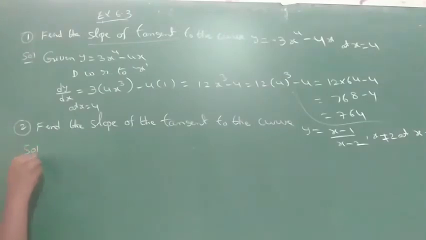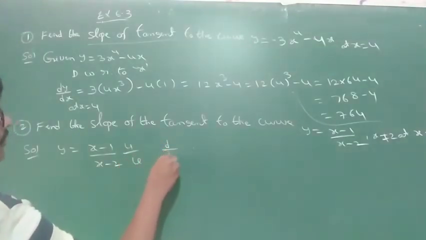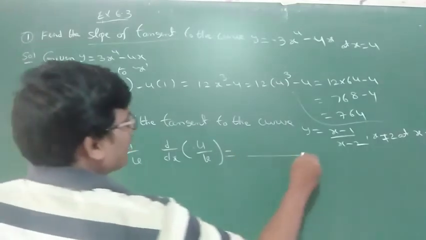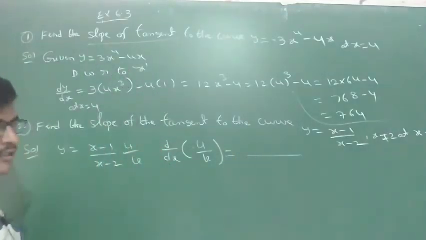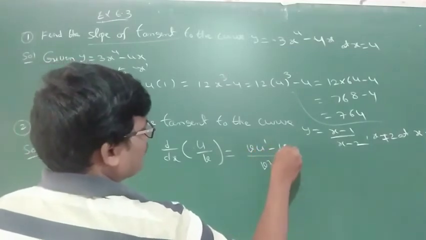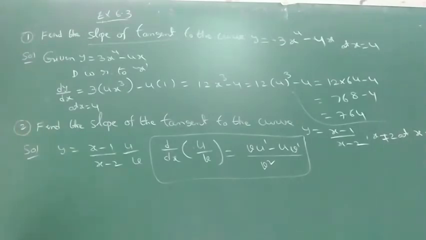So, solution: y is equal to x minus 1 by x minus 2. Use the u by v formula: d by dx of u by v is equal to v into u dash minus u into v dash, by v square. This is the u by v formula.